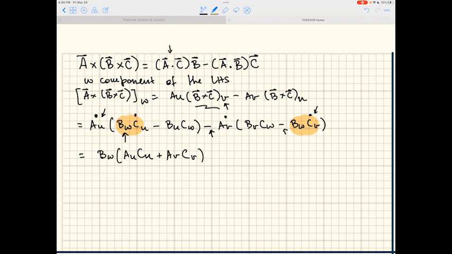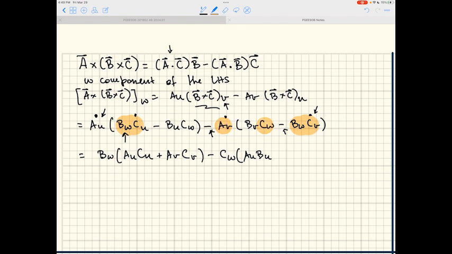There's the other term that's left. CW here is a common factor.